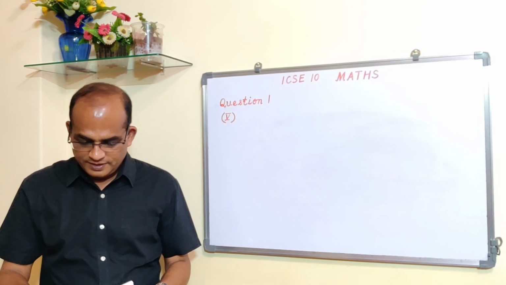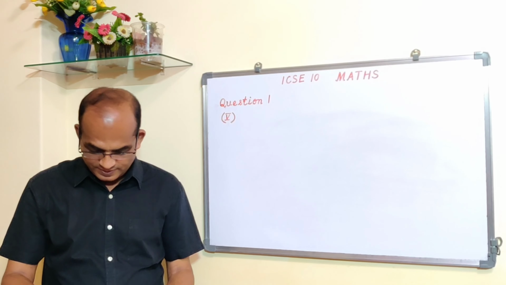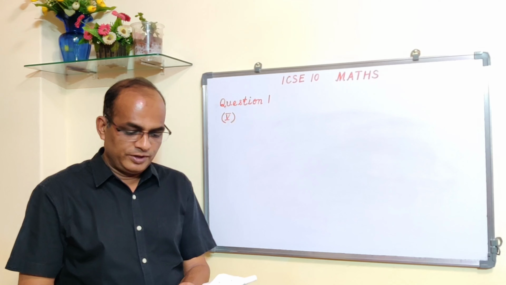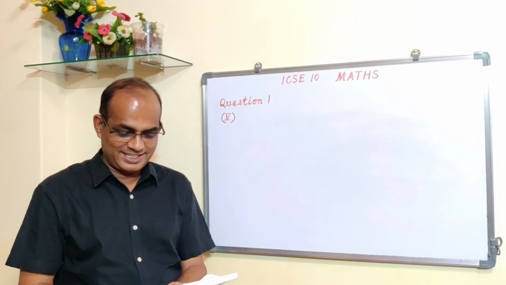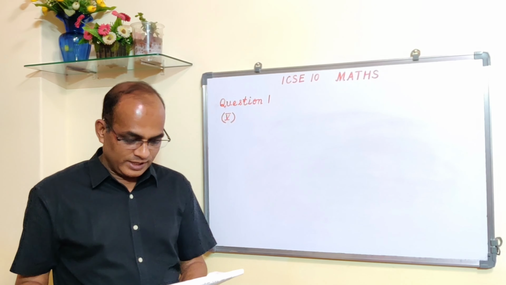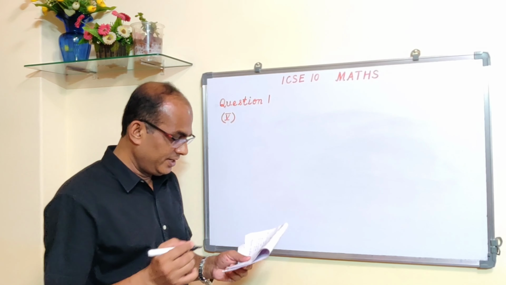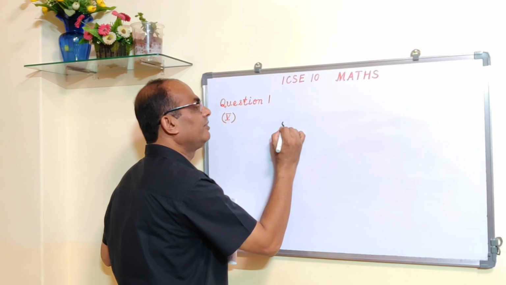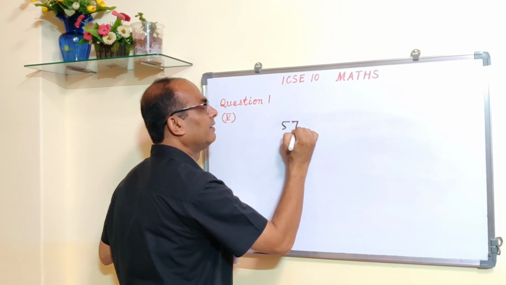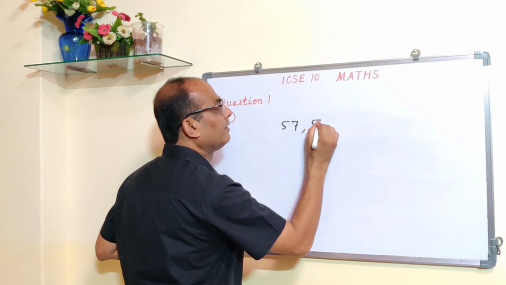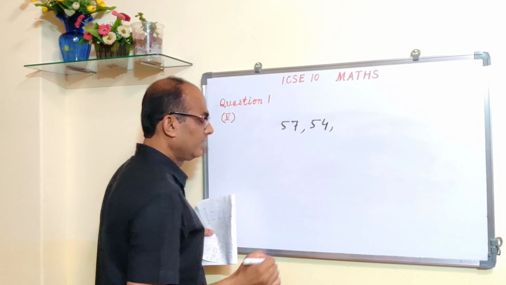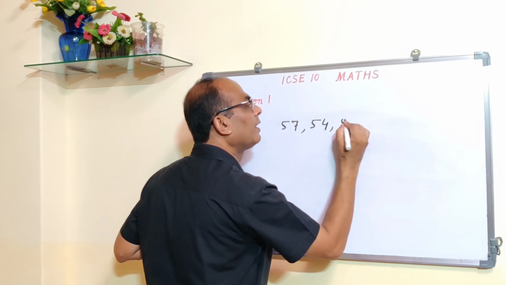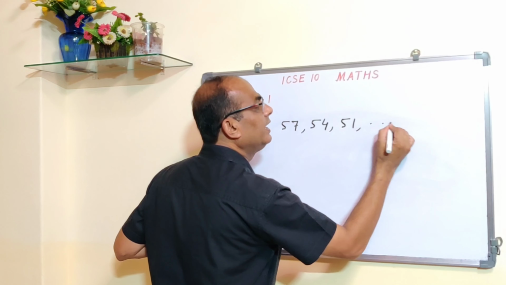57, 54, 51, 48. We have to find T8, the 8th term. So right now, 57, 54, can we write down d? I'm writing 57, 54, 51, and so on, right?